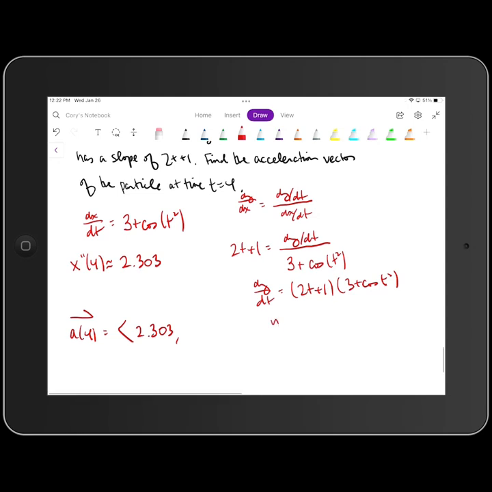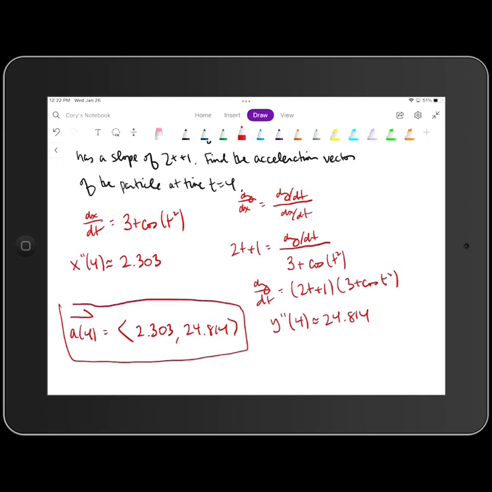So that's going to be y double prime. We want to evaluate that derivative on our calculator at t is equal to 4. And when you do that, I got the second component, or the vertical component of acceleration, to be 24.814. So those are the two components for your acceleration vector at time t is equal to 4.